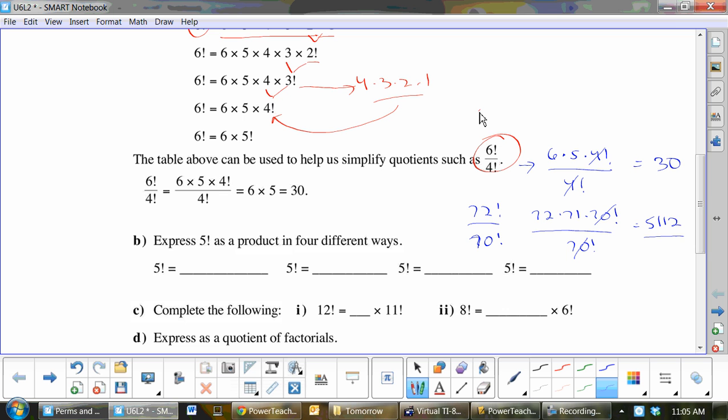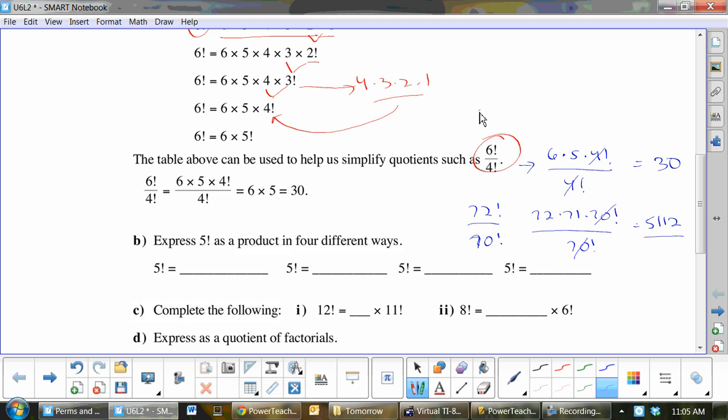Okay, I even had a student after last class explain to me why it doesn't work in your calculator. Why can your calculator not get the answer 5112? So your calculator does not do what we just did. Your calculator does 72 factorial divided by, now 72 factorial is way too big for it. So when I say divided by 70 factorial, it's done, it's stopped, because 72 factorial is too big for it.